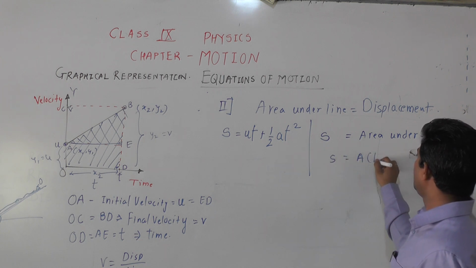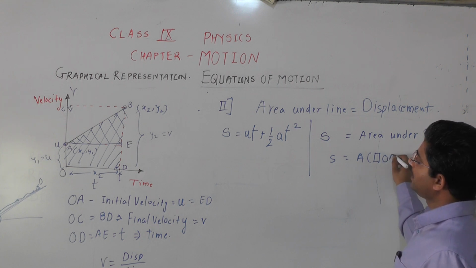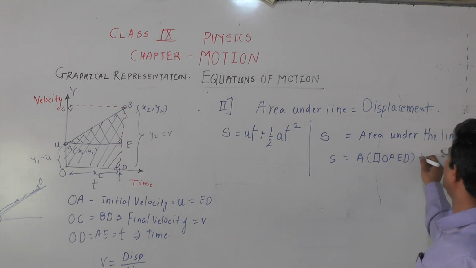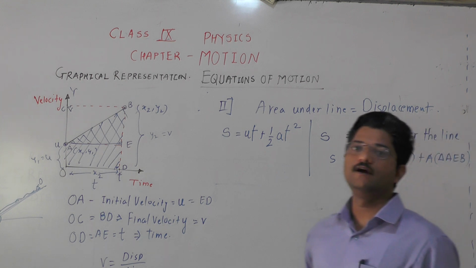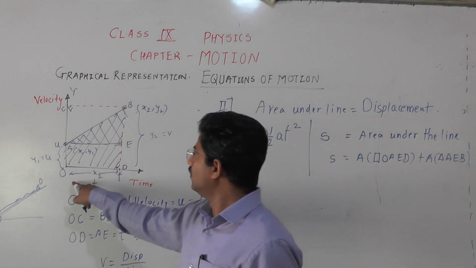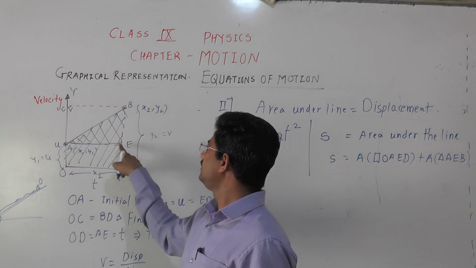This is the area of rectangle OAED plus the area of triangle AEB.